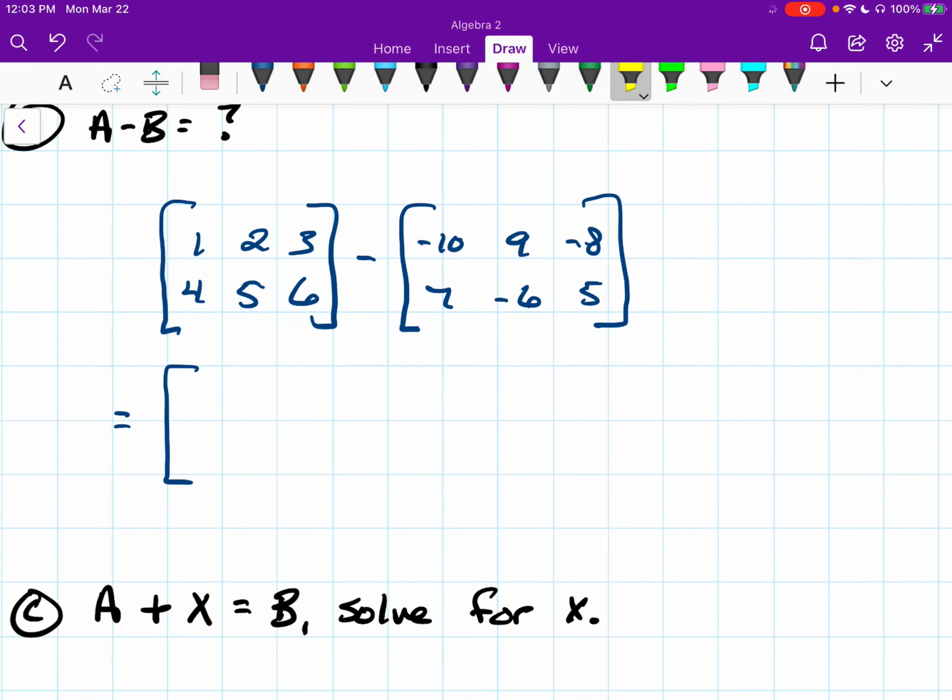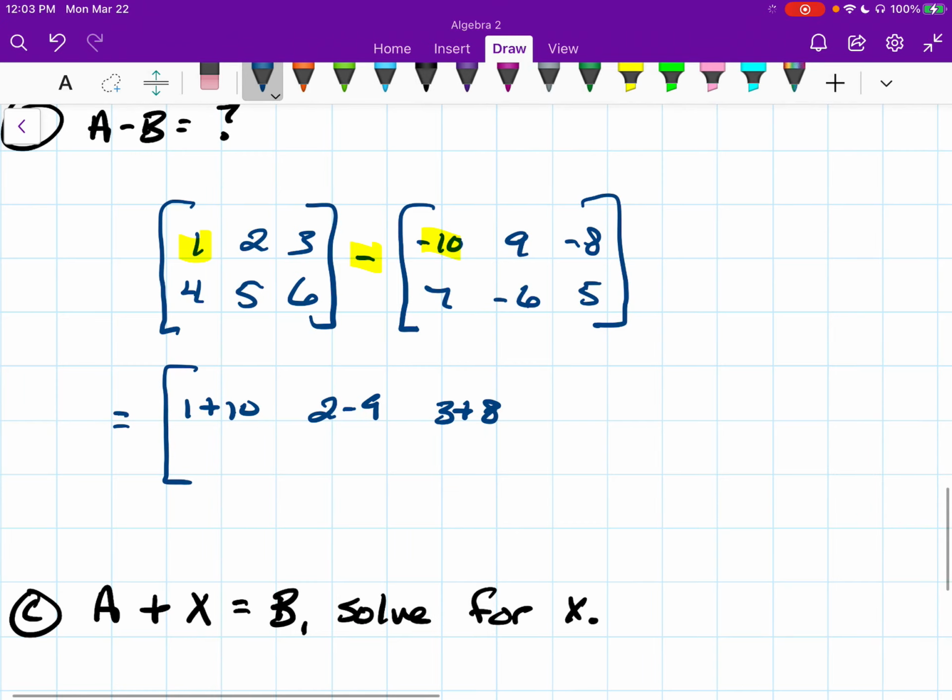I'm going to have 1 minus negative 10, so it would really be 1 plus 10. 2 minus 9. 3 minus negative 8 will be 3 plus 8. 4 minus 7. 5 minus negative 6, 5 plus 6.